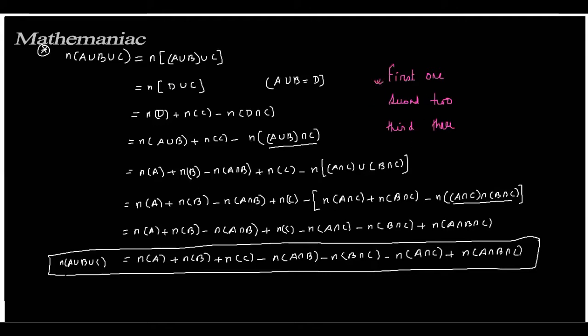It means when you expand this formula, first you have to write the sum of the individual elements in the sets. That is taking the sets one at a time. Therefore, I have written first one. This is set 1, set 2, that is set A, set B, set C. Then second is 2.